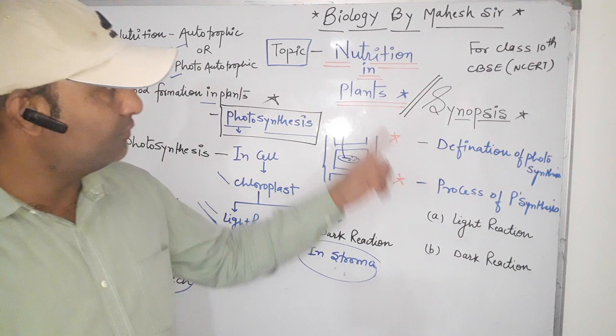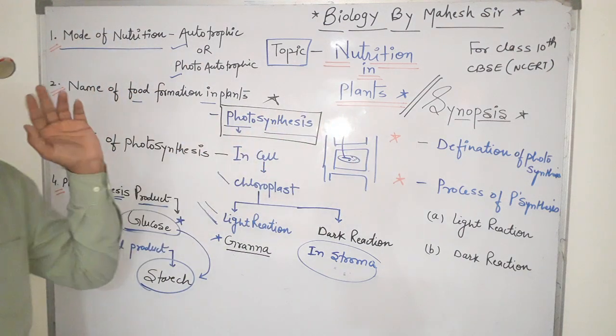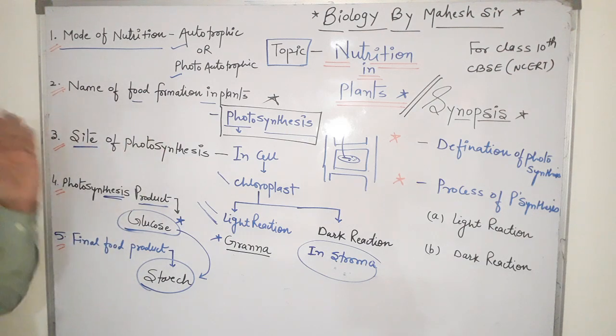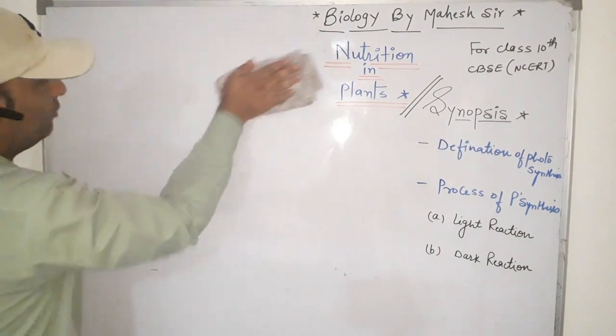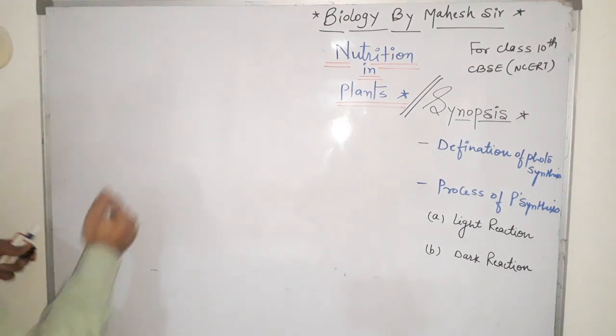So this is a synopsis for the topic nutrition in plants, or the topic photosynthesis. Clear? You can take a screenshot of these systematic notes. So now we take the topic photosynthesis in plants.